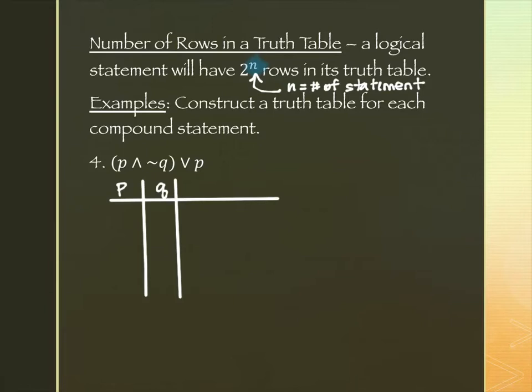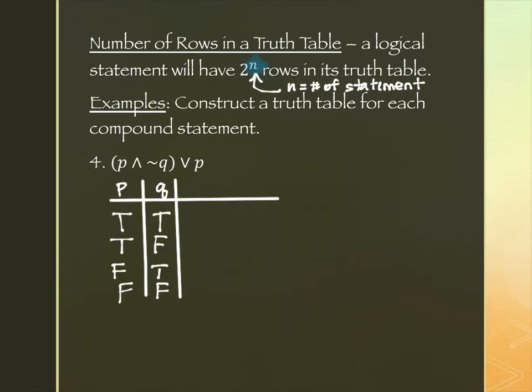And then even if I can't continue on with column headers at this point, I should be able to fill in the columns for P and Q. What will go in the P column? True, true, false, false. What will go in the Q column? True, false, true, false. Okay, everybody good so far? You should be able to do that every single time because it's exactly the same thing over and over again.